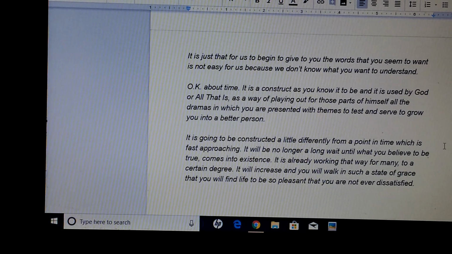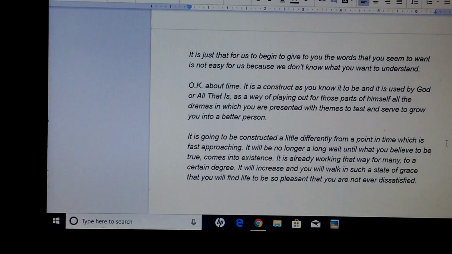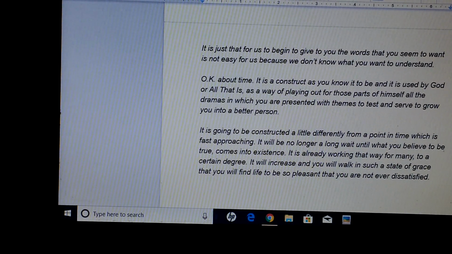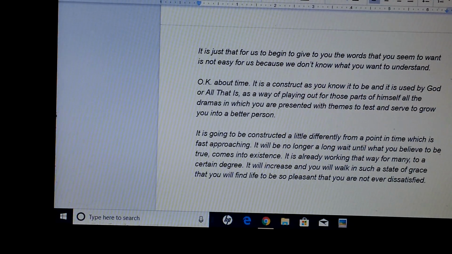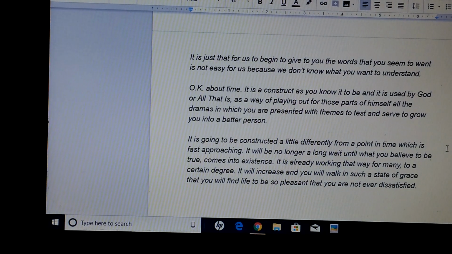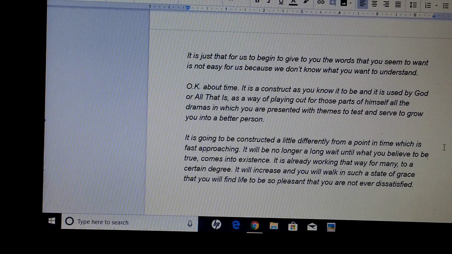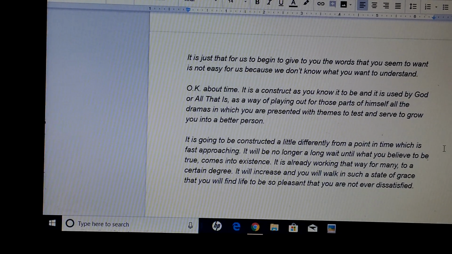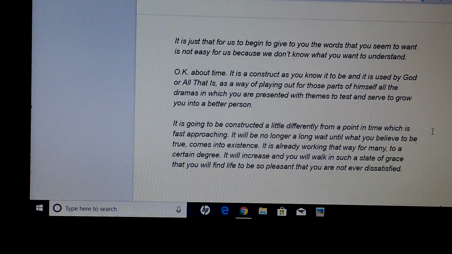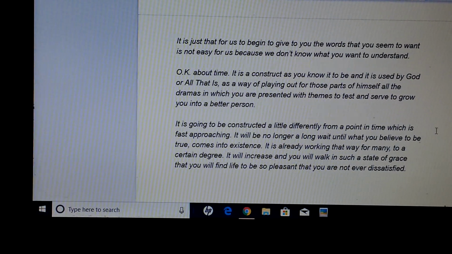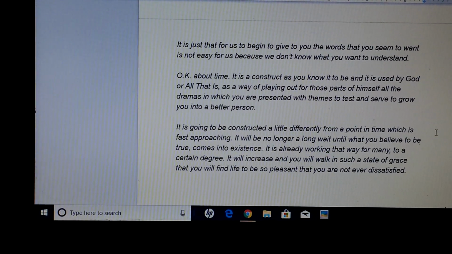Okay, about time. It is a construct as you know it to be, and it is used by God, or all that is, as a way of playing out for those parts of himself all the dramas in which you are presented with themes to test and serve to grow you into a better person. It's going to be constructed a little differently from a point in time which is fast approaching.